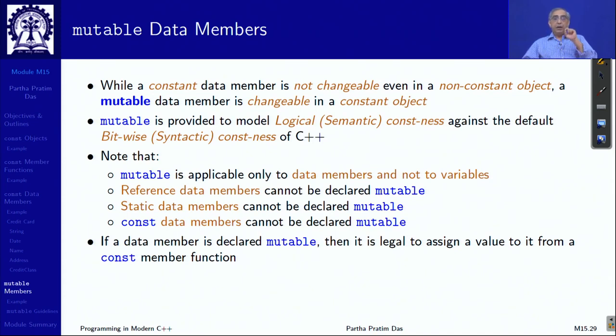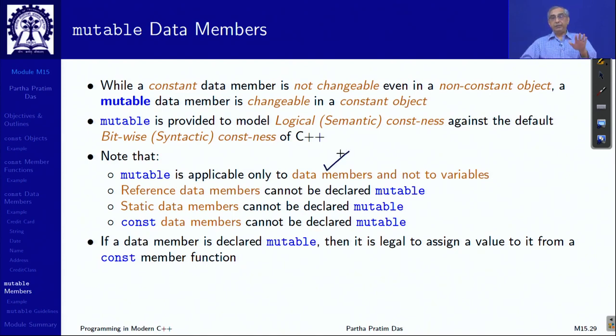I may want a logical or semantic constantness, which is what is provided by mutable. So, I can say a data member is mutable, so that even when you consider the whole object constant bitwise, that particular data member I would be able to change.